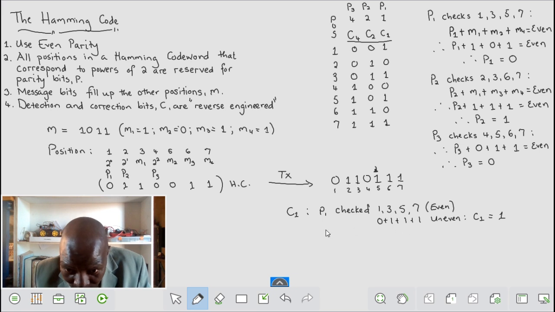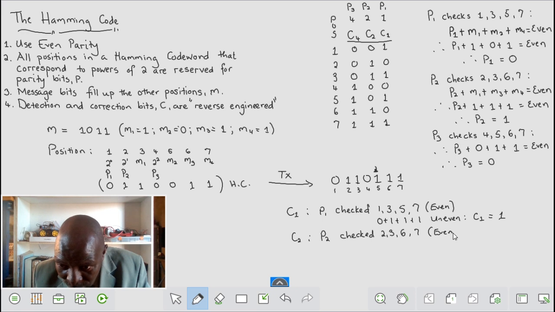All right. Then you go and say P2. Now we're checking correction bit number 2. P2 checked every position with a 2, so 2, 3, 6 and 7, and this was supposed to be even. Let's see if that's still true from our message.